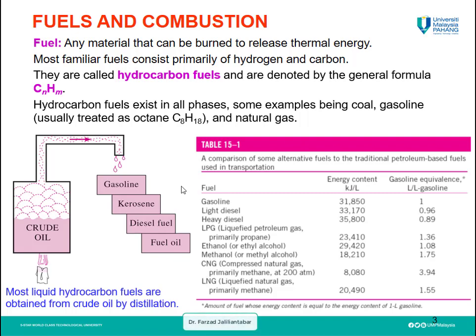In other words, how much energy, in terms of kilojoules, is released per liter. As you can see here, it is different for different fuels. For example, for gasoline, the energy content is 31,000 something, but for light diesel it's higher, 33,000 something, and for heavy diesel it's even higher.